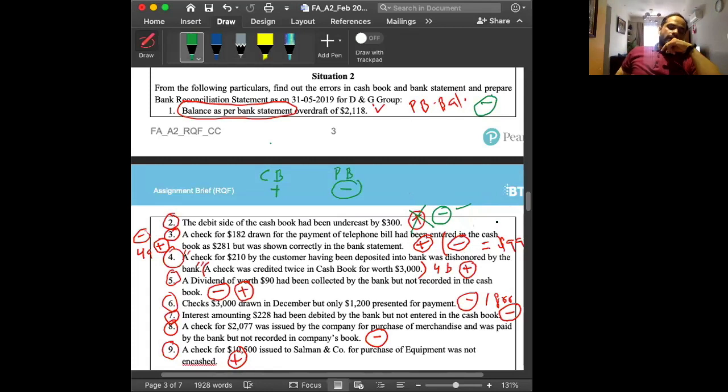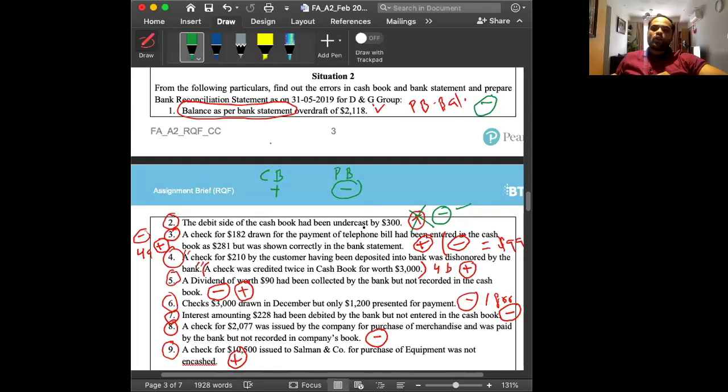Okay, so I repeat again, number 2. Number 2 says debit side of cash book. Now what does debit side mean? Debit side means plus side. Debit cash book means cash increase. So debit side of cash book had been undercast by 300. Undercast means lack of.